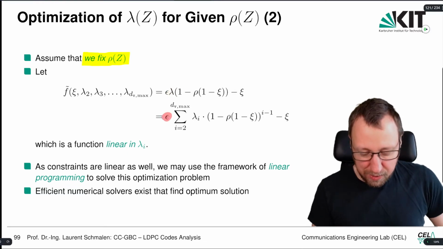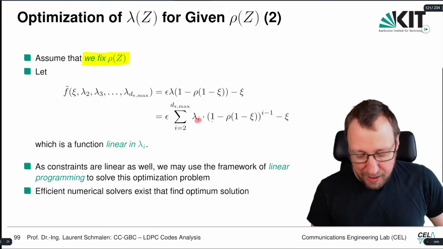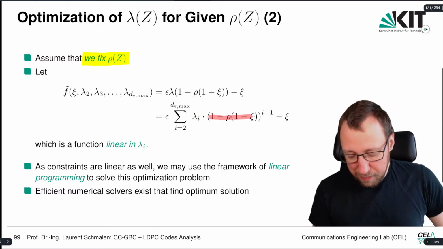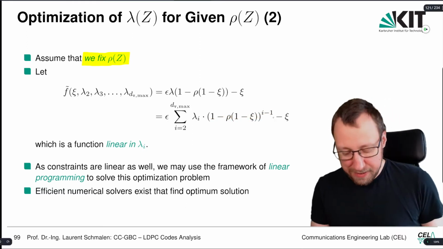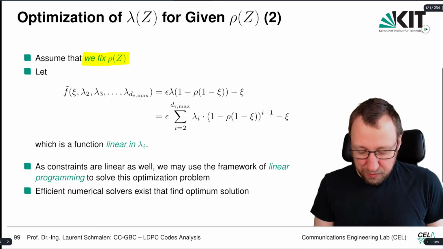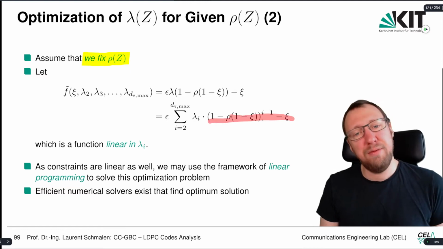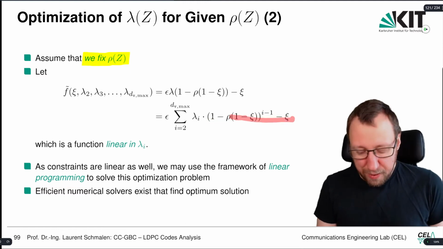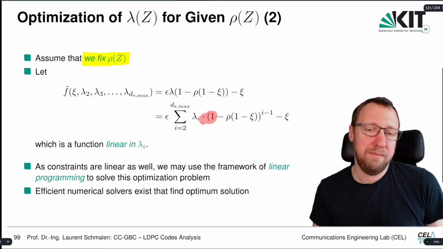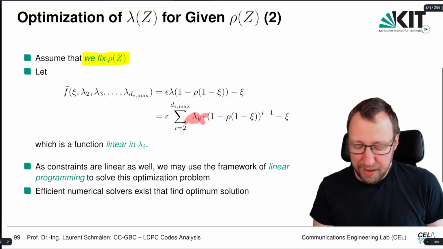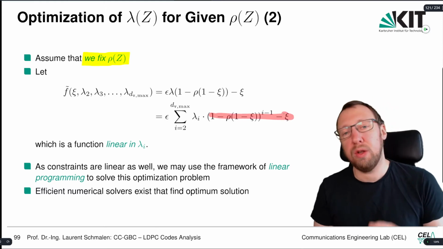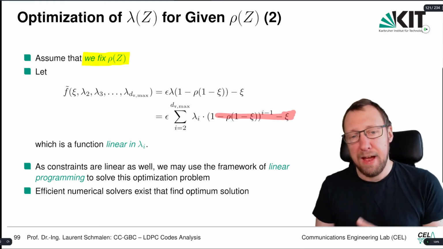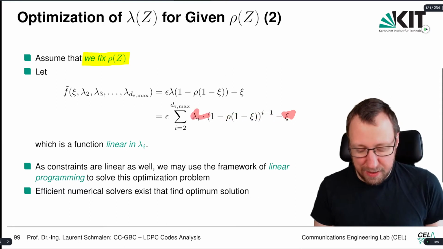So this is epsilon times the sum over lambda i times 1 minus rho of 1 minus xi to the power i minus 1, minus xi. So this, for a given xi, is given. We are not interested in this. We want to optimize lambda. And this is a function that is linear in lambda.